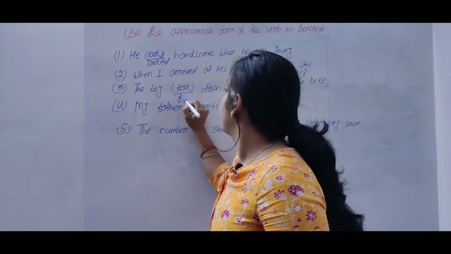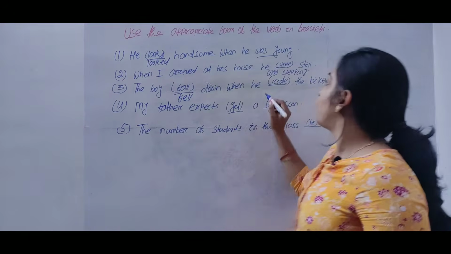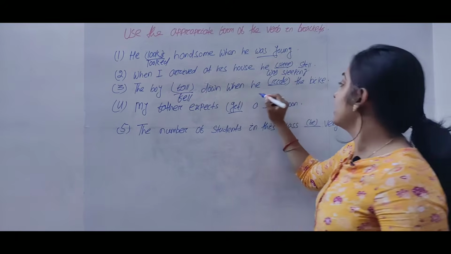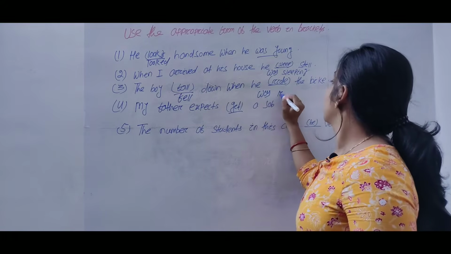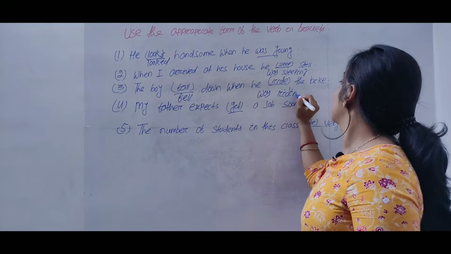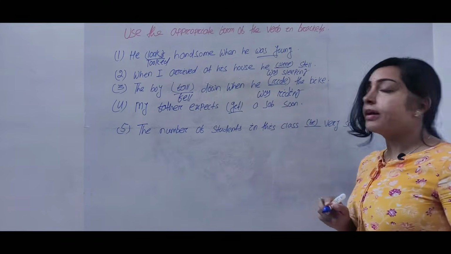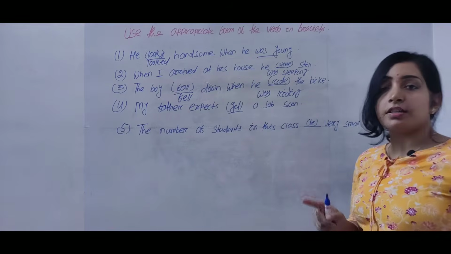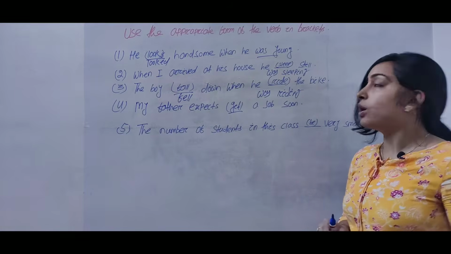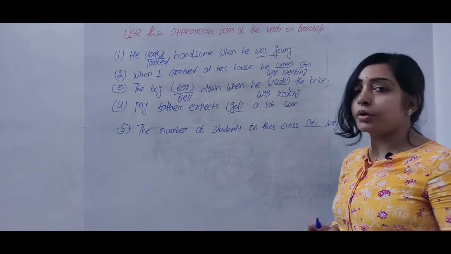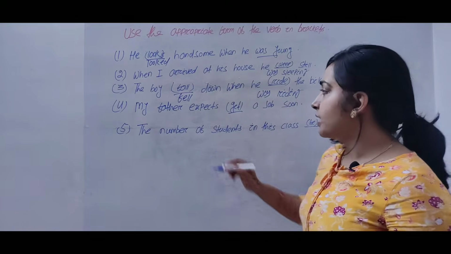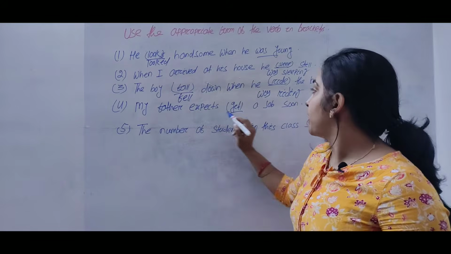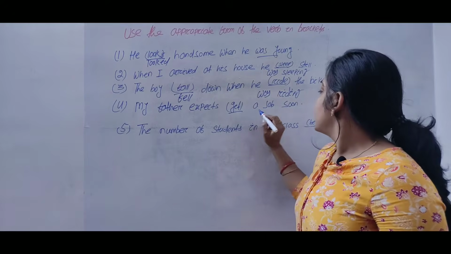The boy fell down when he was riding the bike. Understand? If the subject is doing two actions, if one action is simple past, the other must be past progressive.